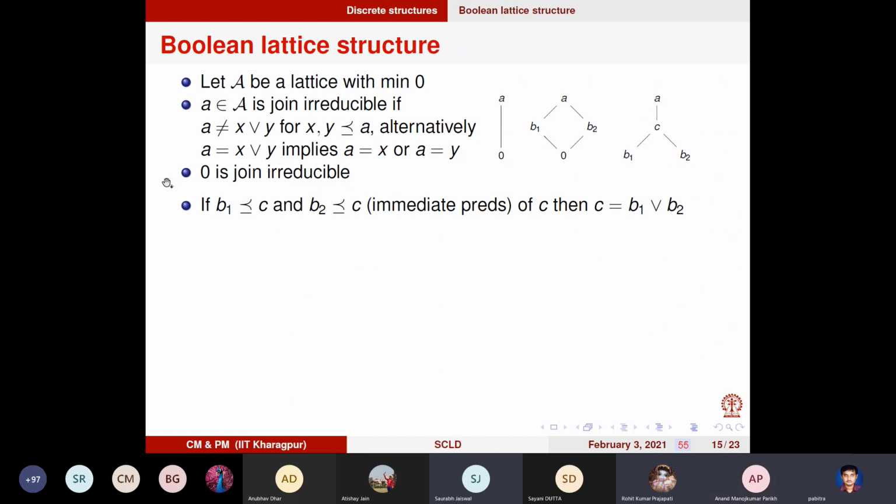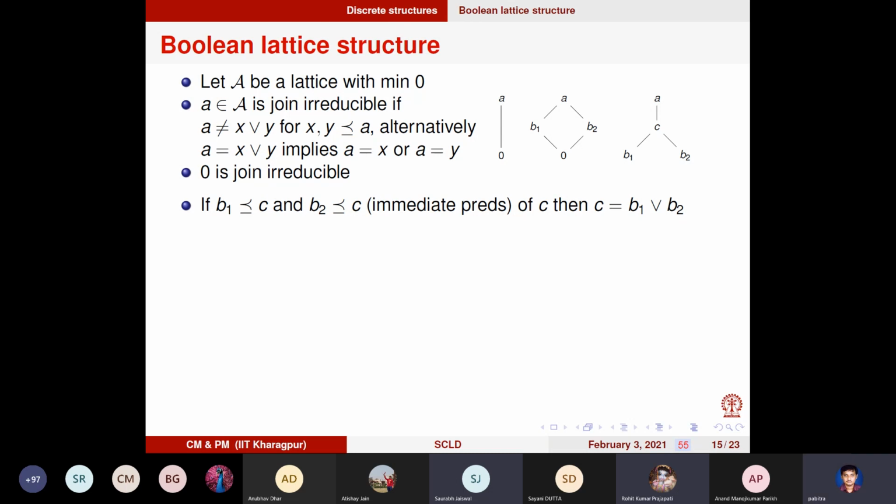I think the equivalent is that x and y are less than or equal to a. So maybe let us take this equivalent definition, which is easier to visualize.